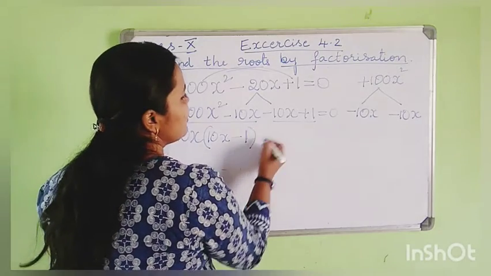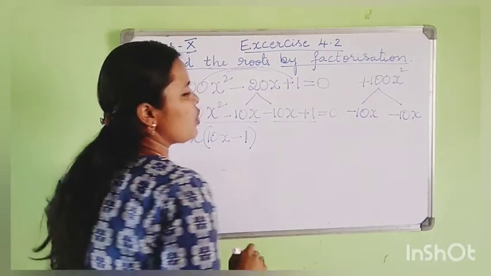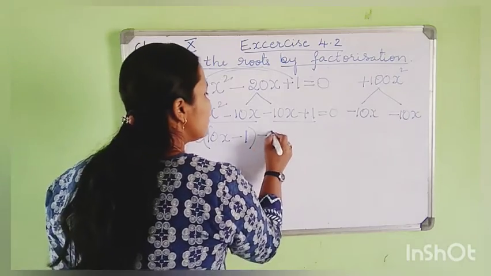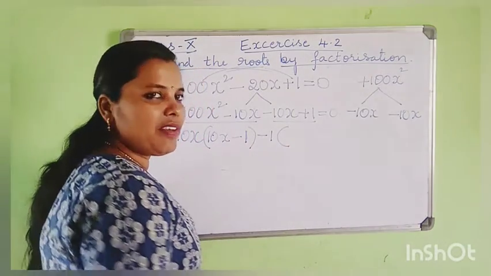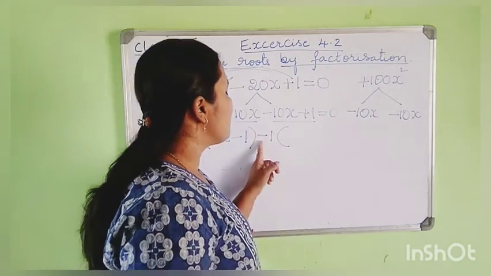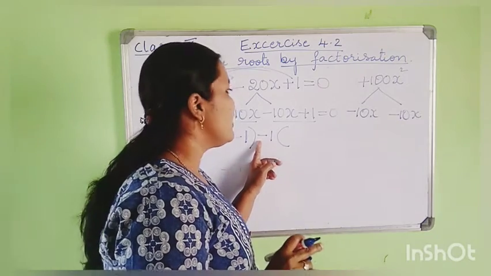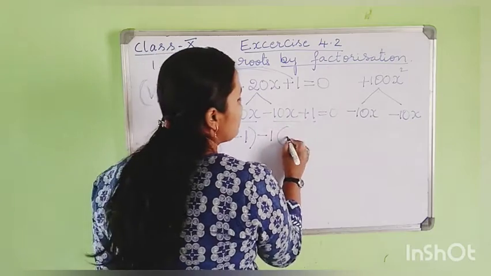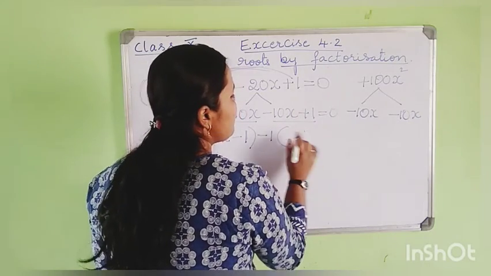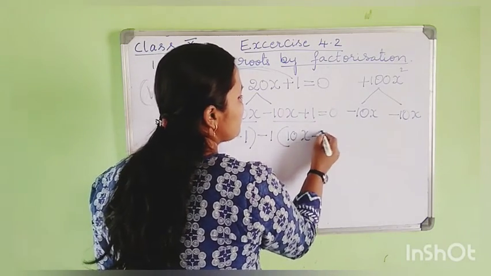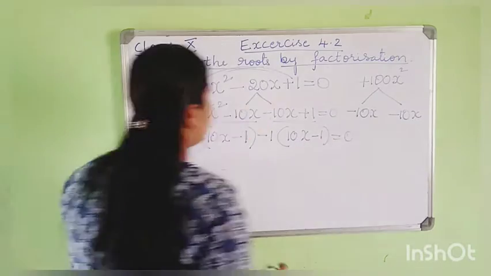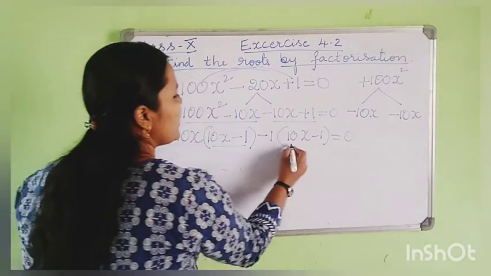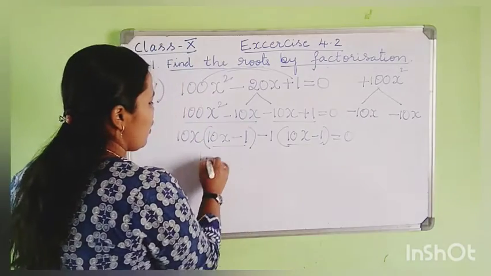So next, if there is nothing common, you take out minus 1. I told you in the previous problem, whenever you take out minus, negative sign outside, the inside sign will be changed. So this plus becomes what? Minus. 10x minus 1 is equal to 0. Now 10x minus 1, 10x minus 1 common.